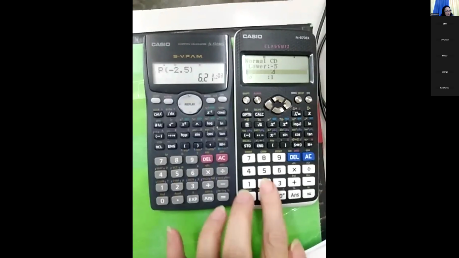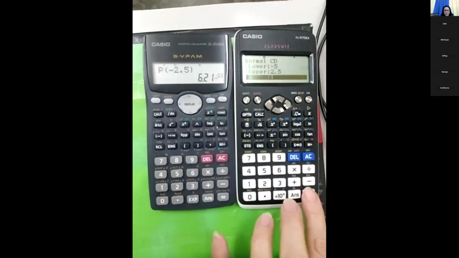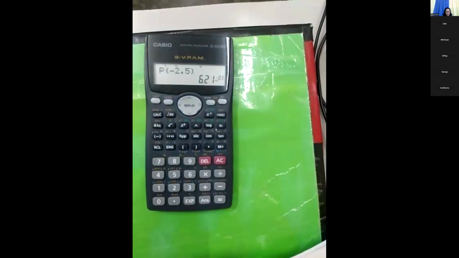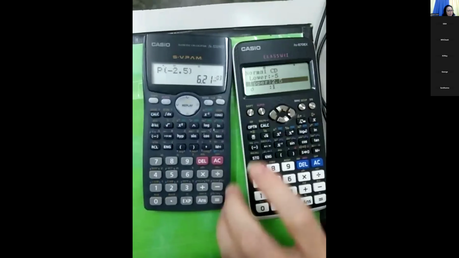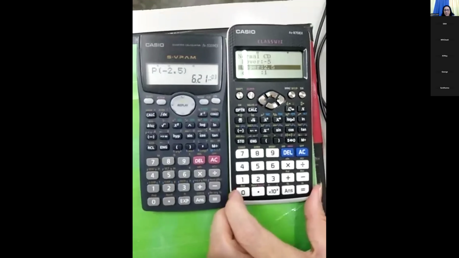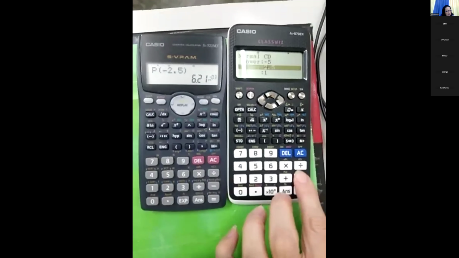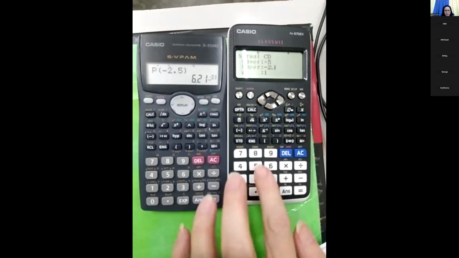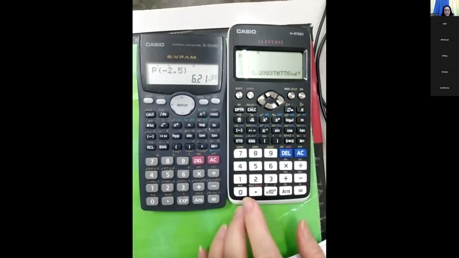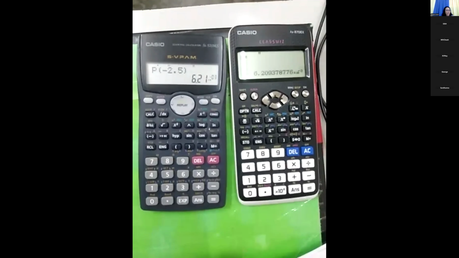Upper, I make it 2.5. Wait, I pressed the wrong thing. Just a while, class. Sorry, I made a mistake, -5. Then I forgot to put negative, I didn't apply negative. -2.5. Okay, yeah, it comes to the same.